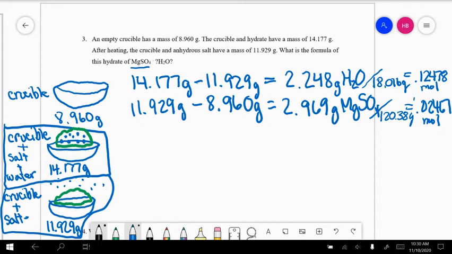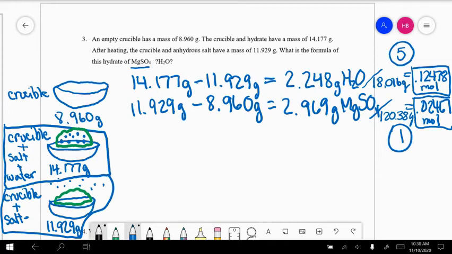So I'm going to decide that this is the smaller number. So we're going to divide both of these numbers by this number. This will give me a 1 for magnesium. And let's see, 0.1248 divided by 0.02467. And that gives me a ratio of 5 to 1.